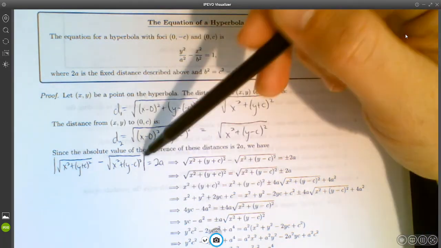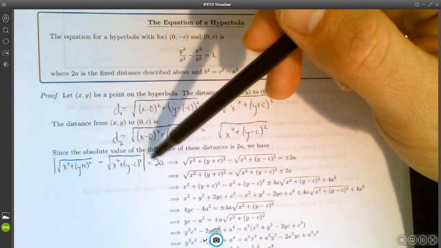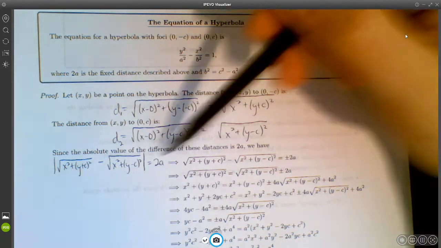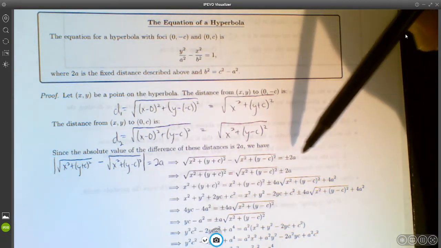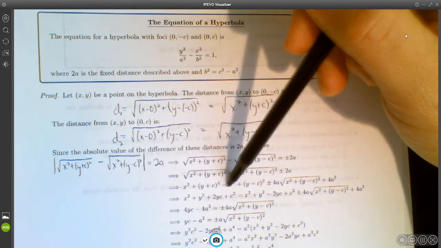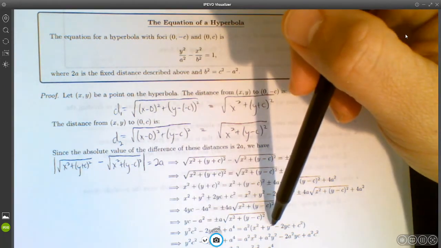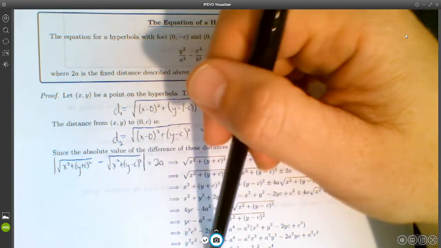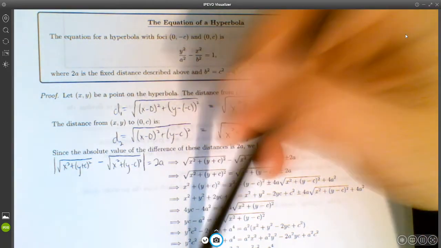So we can solve this. This is an absolute value equation, so we know that we can drop the absolute values if we put a plus or minus on the 2a. And then we can solve. We isolate one of the radicals, square both sides, isolate a radical, square both sides. Simplify, regroup. Remember that c squared minus a squared is the same thing as b squared.